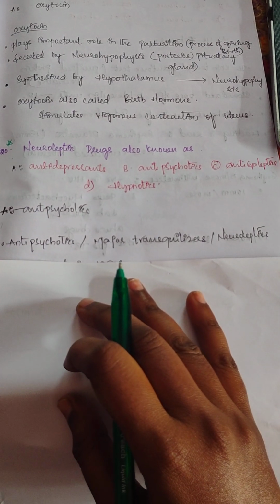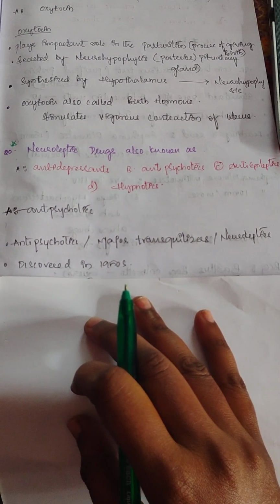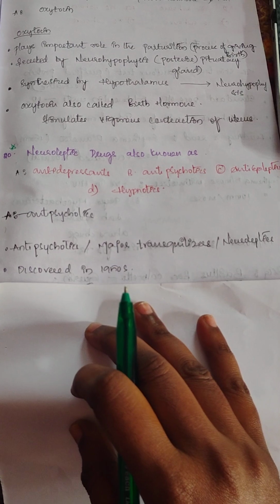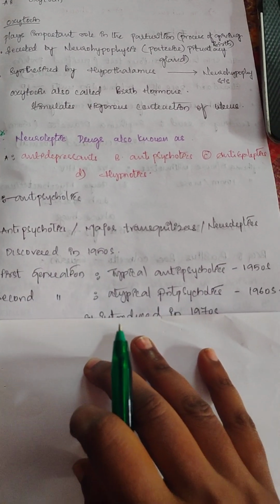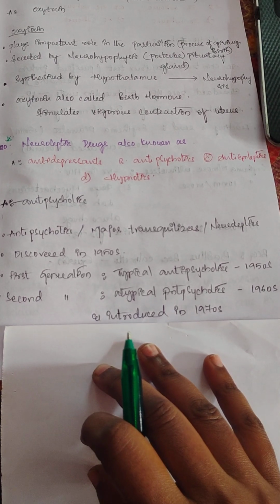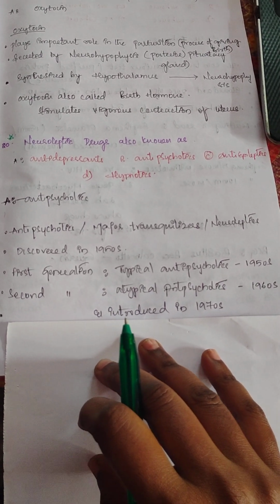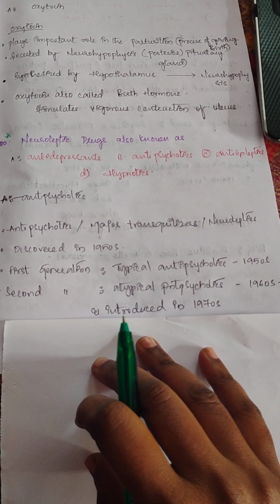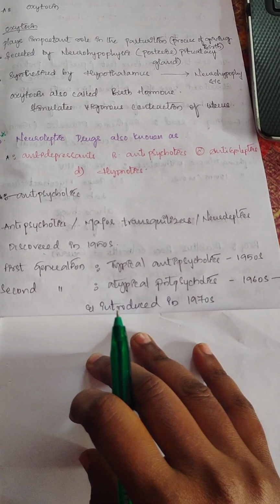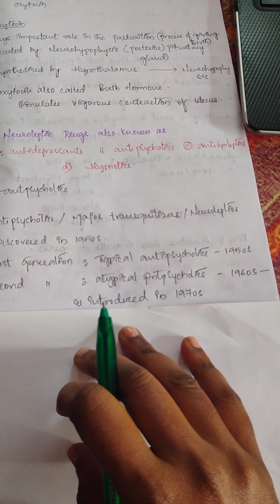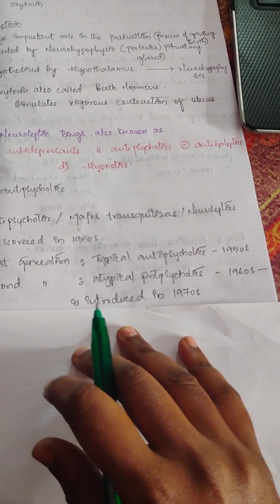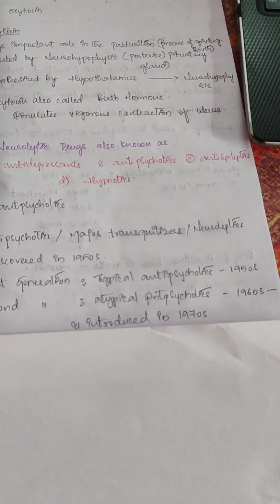They are also called antipsychotics or major tranquilizers or neuroleptics, and actually they were discovered in the 1950s. Some important points you can see. First generation antipsychotics we can call typical antipsychotics, discovered in the 1950s. Second generation we can call atypical antipsychotics, discovered in the 1960s but introduced in the 1970s.